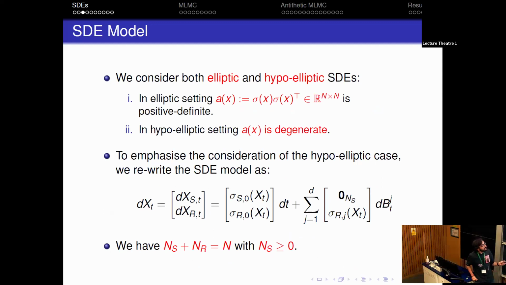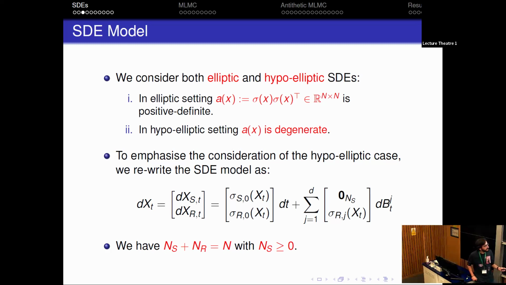So we can also cover hypo-elliptic SDEs. The diffusion coefficient might be degenerate, and you can express your model like this, for instance. The dimension is arbitrary, but just to emphasize, you can have a component which is 0. This is the hypo-elliptic case.